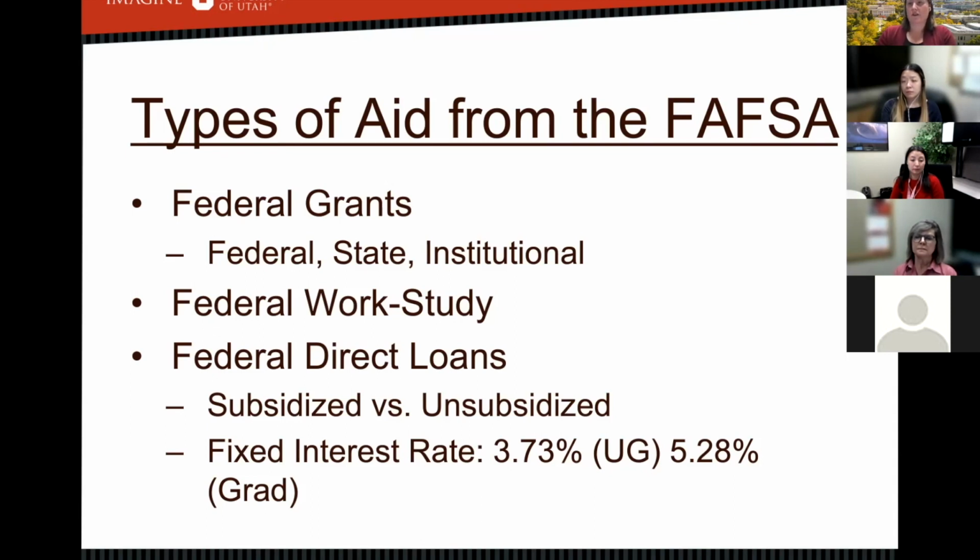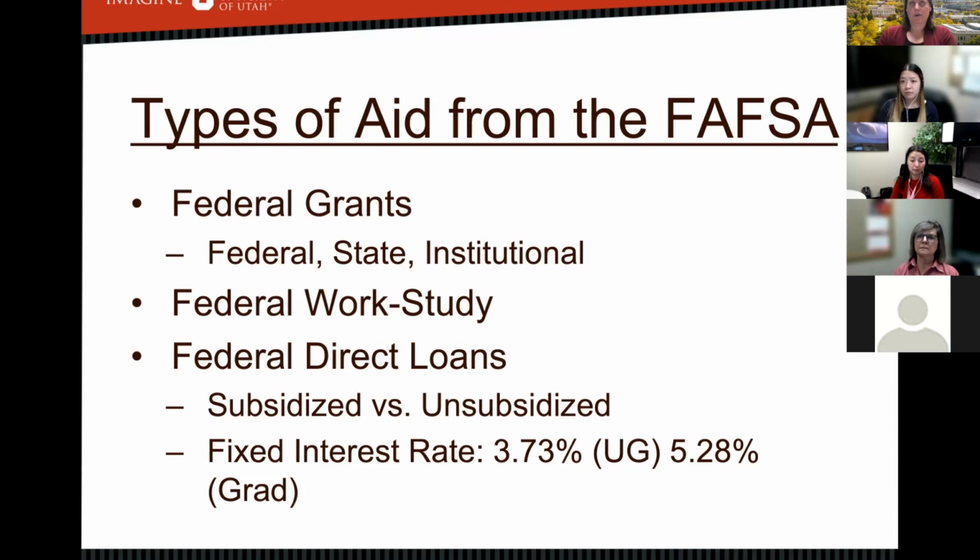So the question that just came in, what is the current deadline for the FAFSA? So we have a priority date of February 1st for priority financial aid, and that's for some of our smaller grants and need-based scholarships. However, you can complete the FAFSA pretty much throughout the academic year.